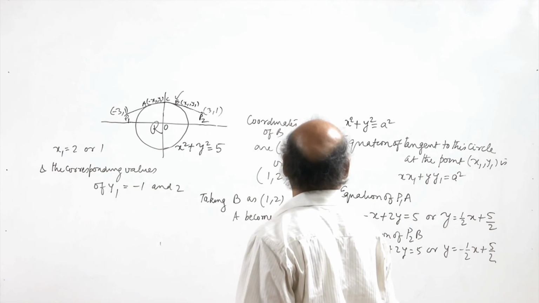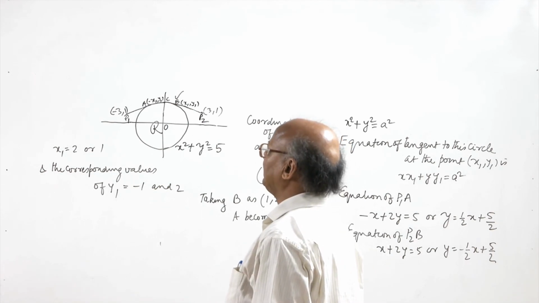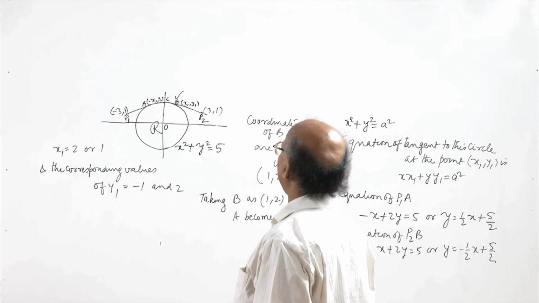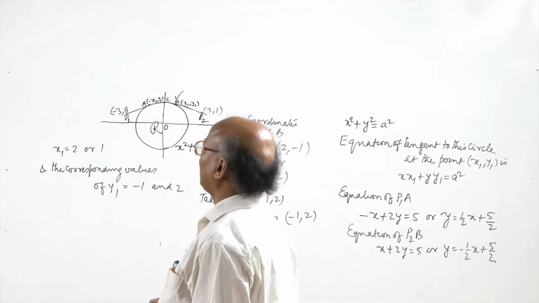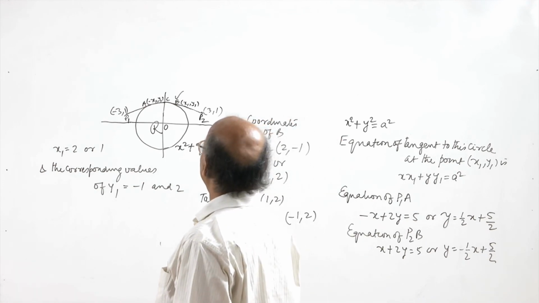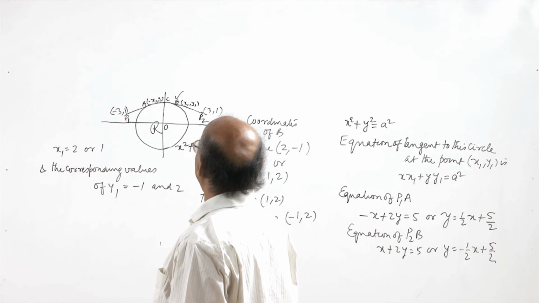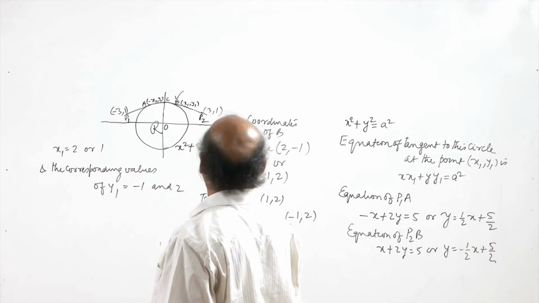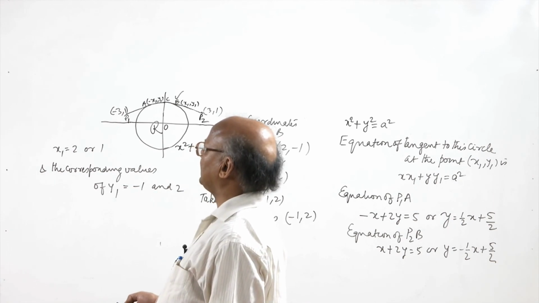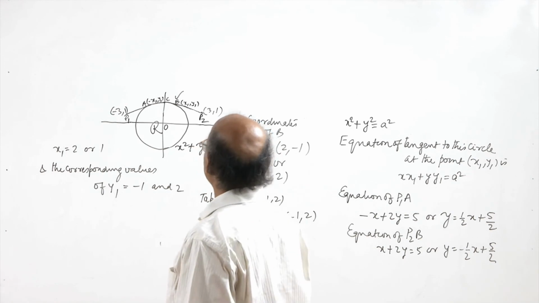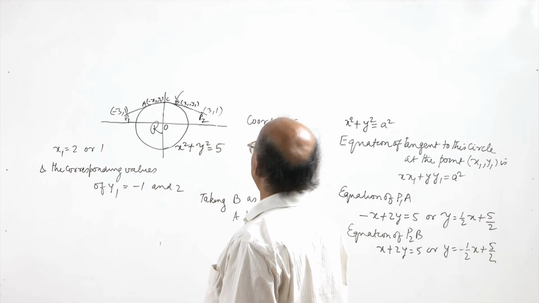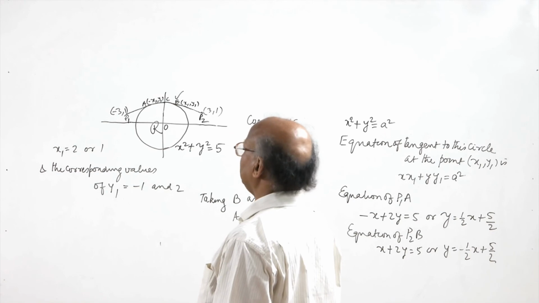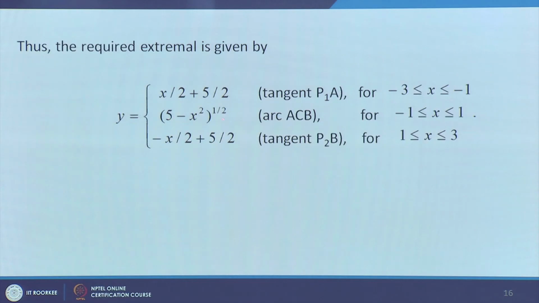So, we have the required extremal as y equal to x by 2 plus 5 by 2, that is tangent P1A, from P1 (-3, 1) to A (-1, 2). So, for the tangent P1A, x varies from minus 3 to minus 1, and then the arc of the circle from A to B, that is ACB, whose equation is y equal to square root of 5 minus x square.